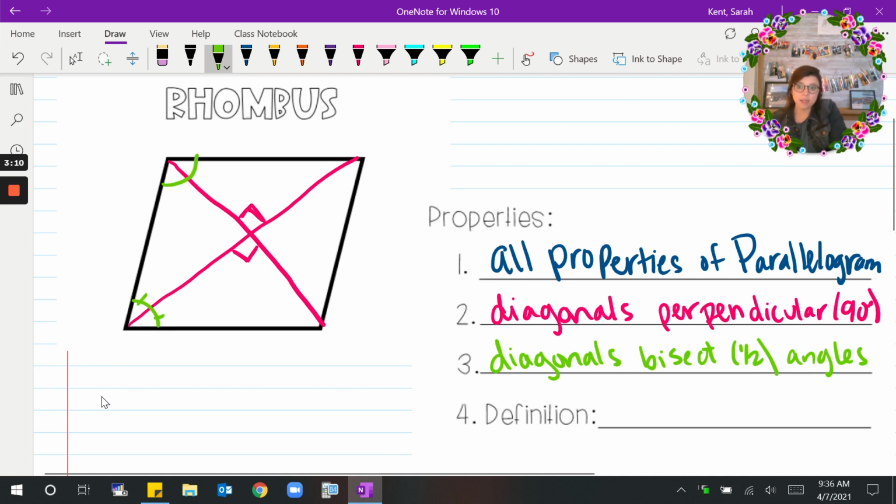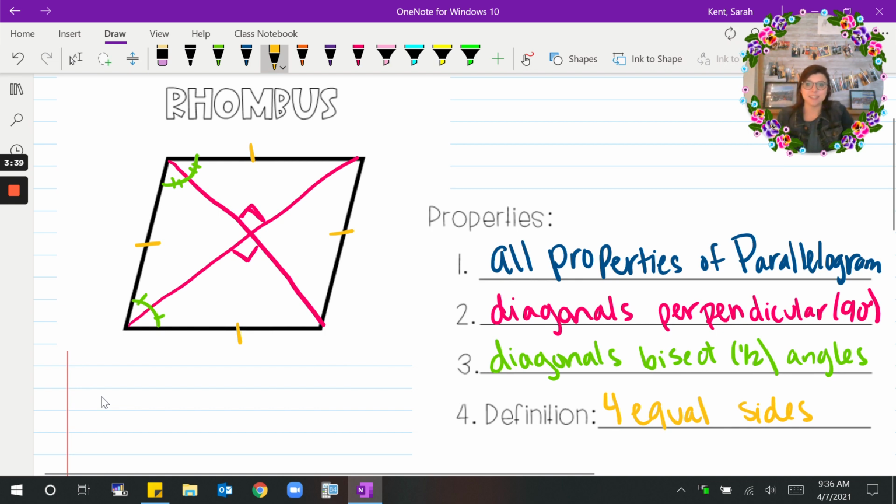This pink diagonal bisects that angle. So that works for all four. And then the definition of a rhombus is that it has 4 equal sides. So that means all 4 sides are the same.